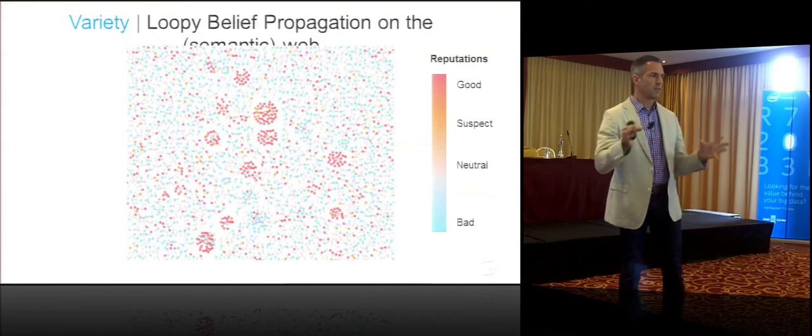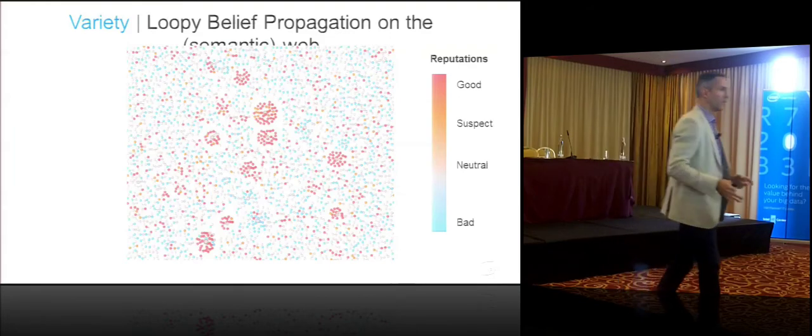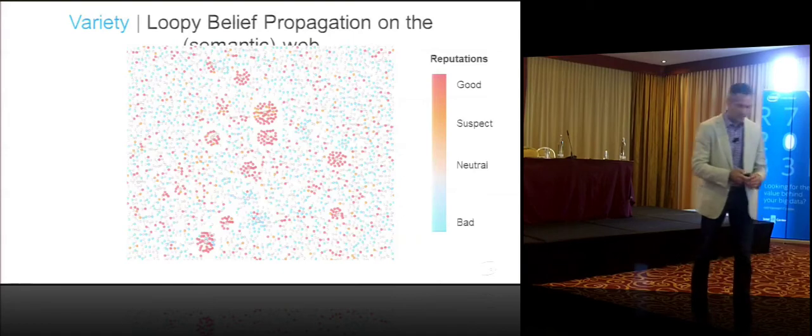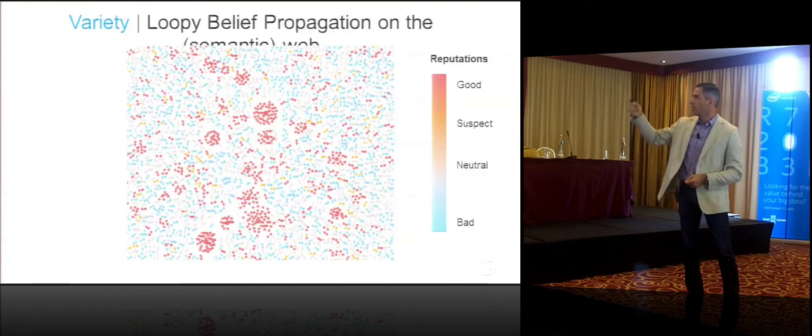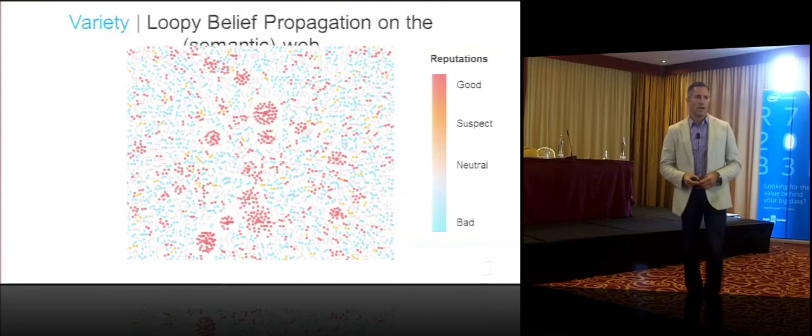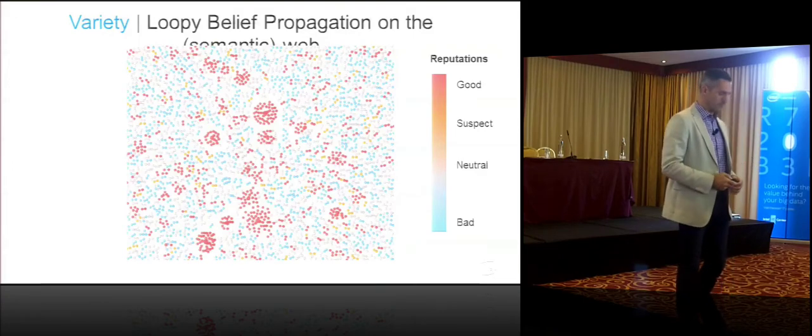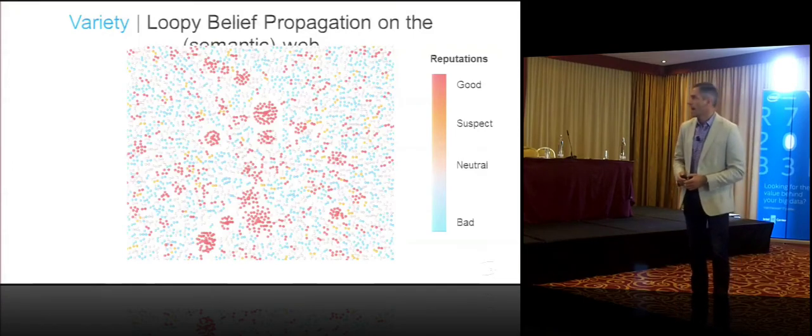So we have a really good set of ground truth. We know that when you visit a file or visit somewhere in the web, whether you're going to get infected or not, or whether you got infected. But by applying loopy belief propagation, we were able to, you can see a subtle change here, score many more of these reputations, more specifically outside of the gray zone, accurately.